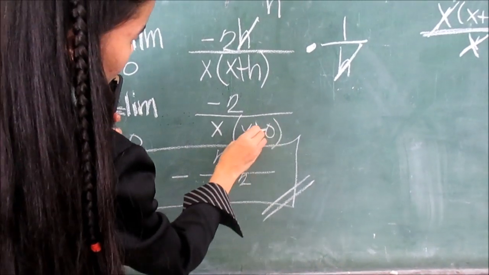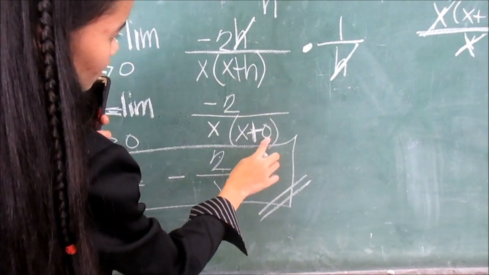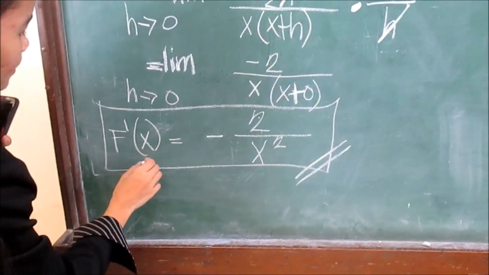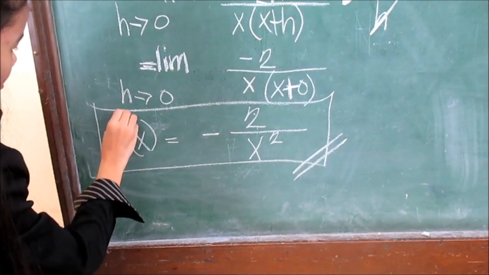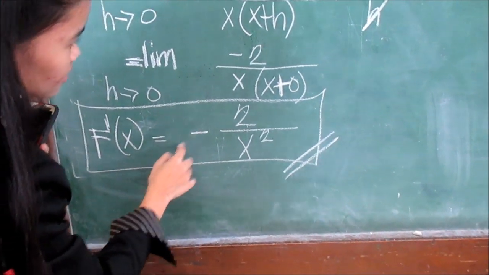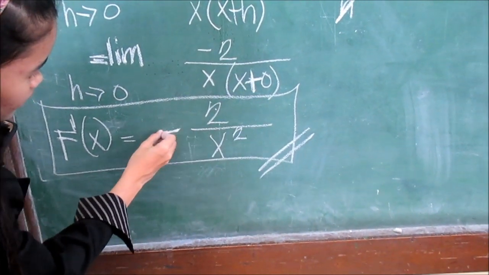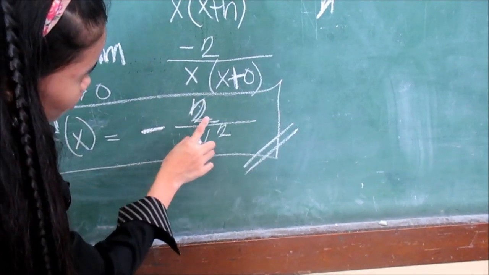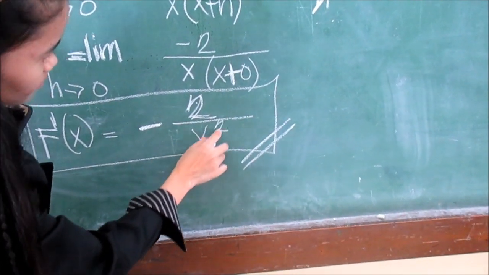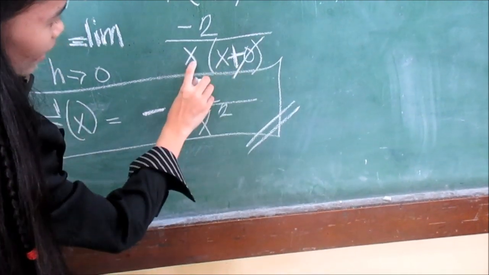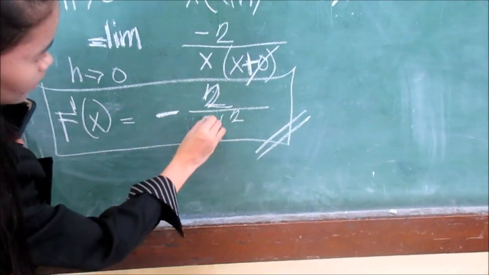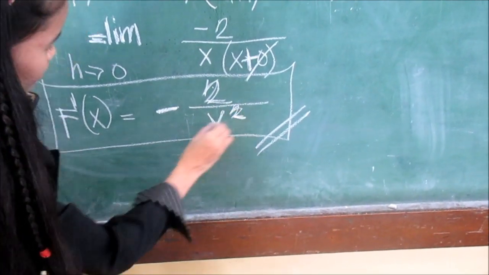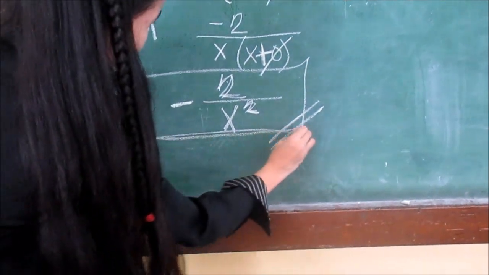That's why we change the h here into 0. And so our final answer is f prime of x equals, we need to put the negative sign here in the center, and the 2 here, negative 2 over x squared, because cancel this 0, x times x is equal to x squared. So this is our final answer.